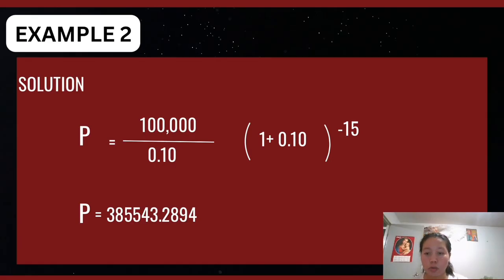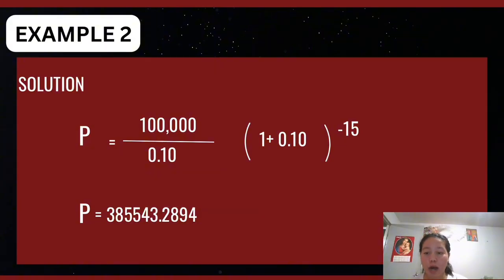As presented, P is equal to 100,000 divided by 0.10, which is equal to 1 million pesos. I put the discount directly, which is 1 plus 0.10 raised to negative 10. Oh, not negative 10, it's negative 15 since it's 15 years back. So the result is 385,543 pesos and 29 cents.